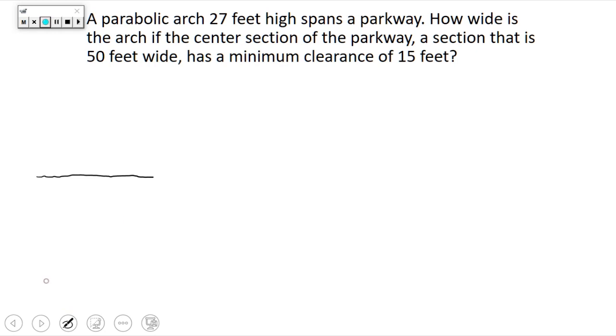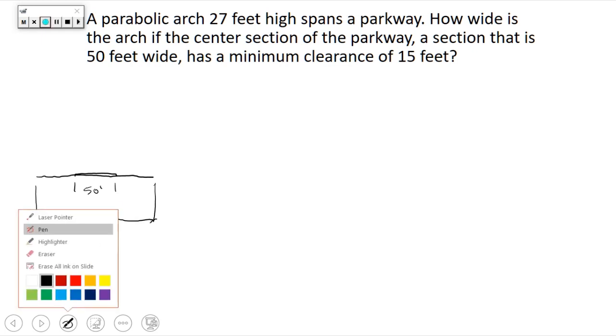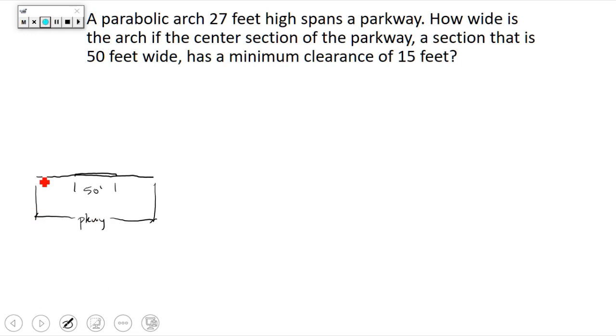Then in the center of this road, there's this divider thing, and it's 50 feet wide. What we want to know in this problem is the length of the parkway, or how wide the arch is, which is how wide the parkway is. There's an arch, like this, okay?